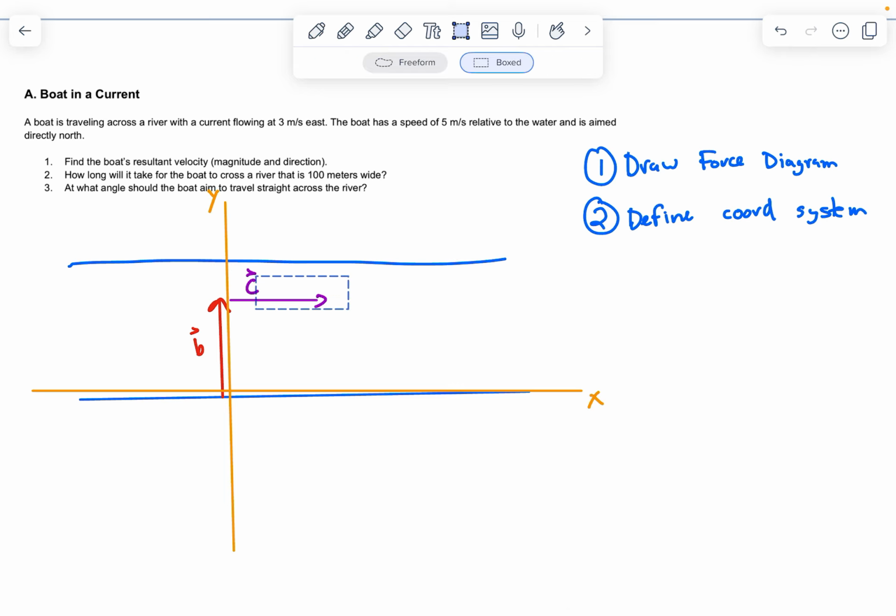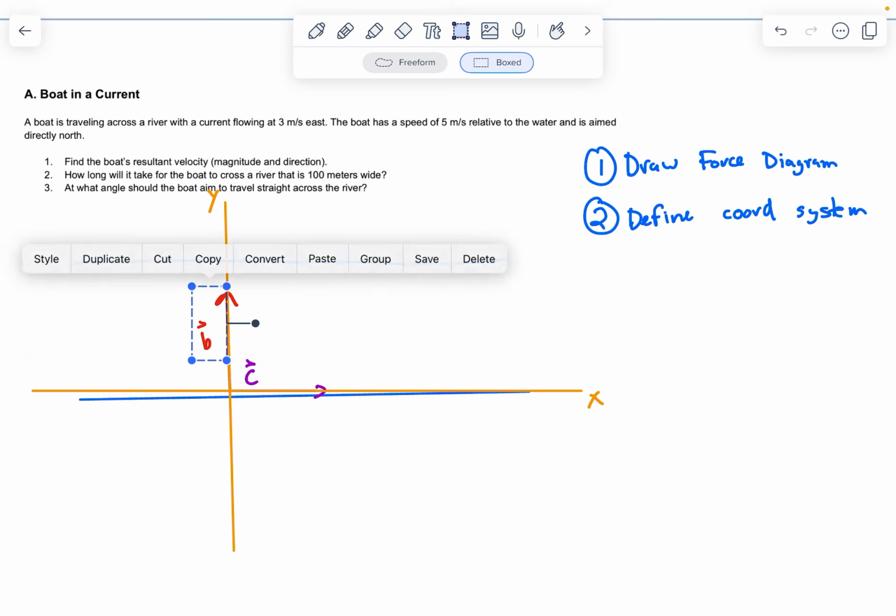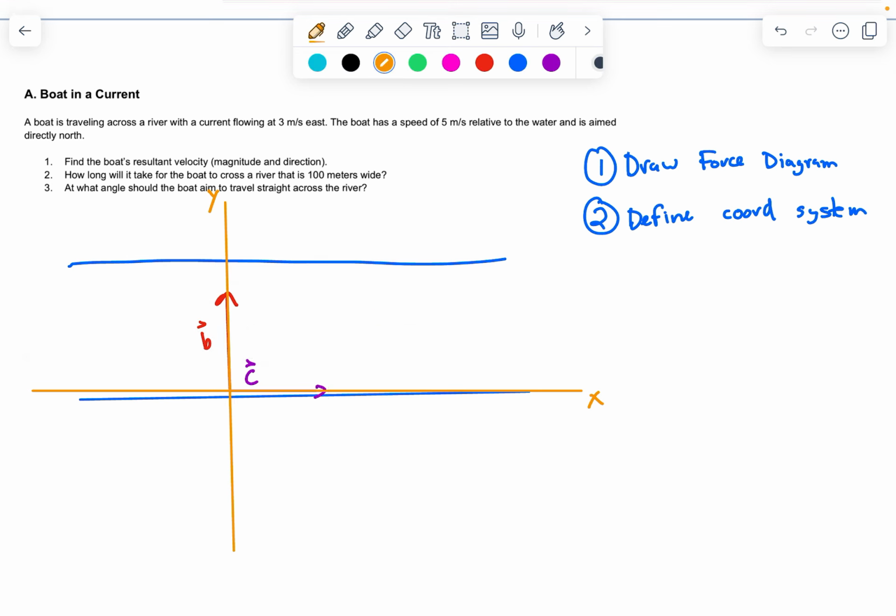And then I like to situate my vectors right at the origin. It's the best place for them to be. So we put our vector here and we put our vector here. And let's just go over this again. Vector C and vector B. So we define our coordinate system, we kind of place our vectors in a way that makes sense, described by the coordinate system.